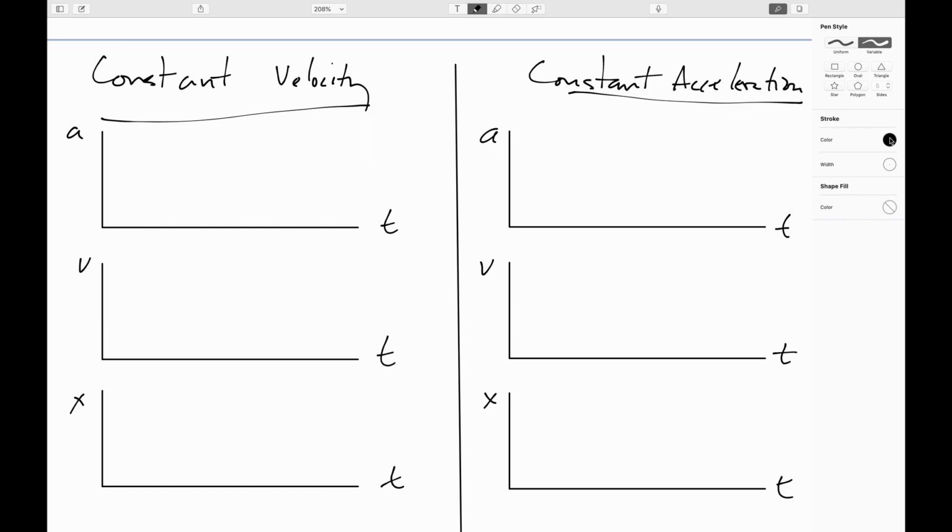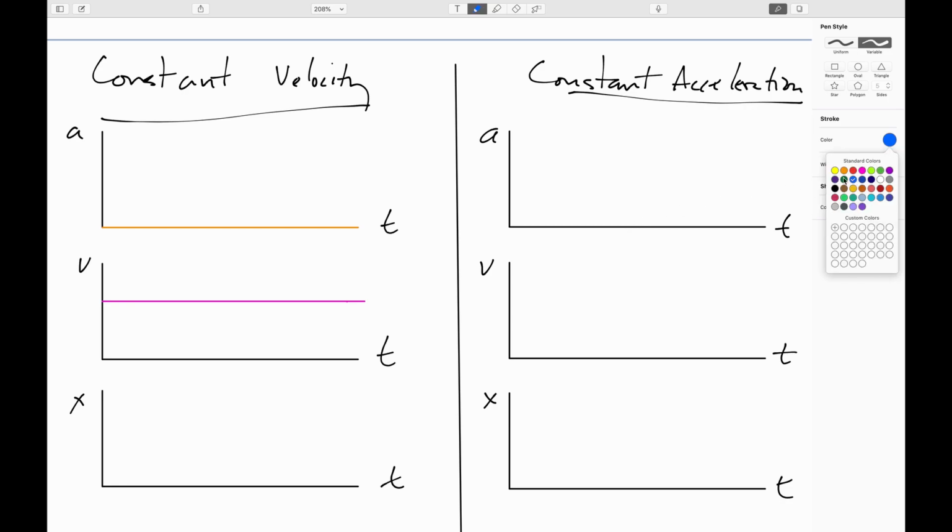So if you've got a graph of constant velocity, it might look something like this. The key thing here is that it'll be a horizontal line, since the slope of V is 0. So that means that the value of the acceleration would have to be exactly 0.